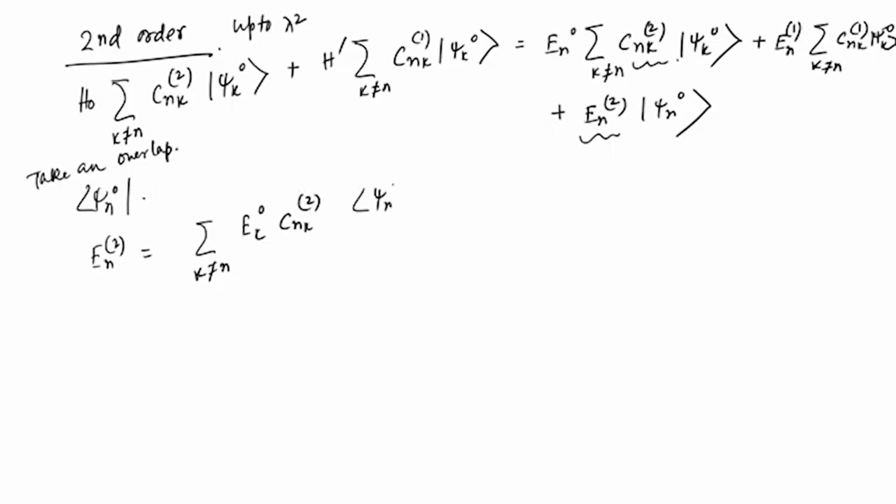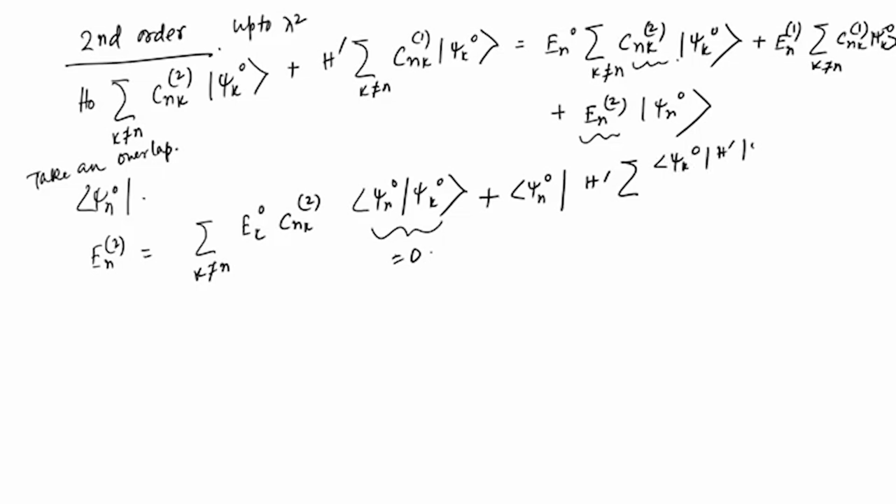So, we have psi n0 and psi k0, which again gives you 0, because they are orthogonal, and then we have this plus psi n0 H prime, and now we put in these values of Cnk1, which are psi k0 H prime psi n0 divided by En0 minus Ek0.